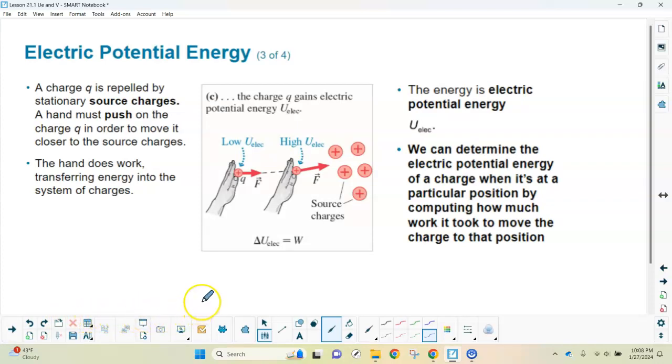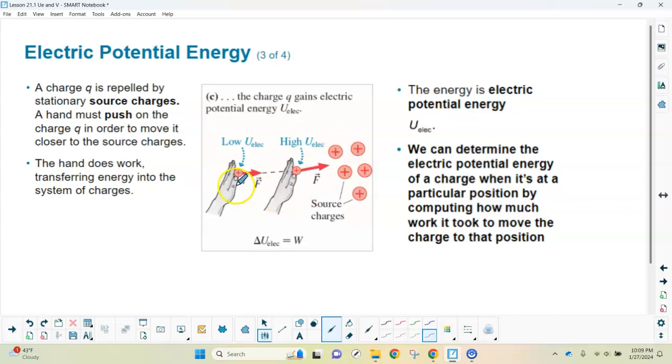A charge has potential energy when it's around other charges, or in an electric field. If we think about this, we have a charge Q here, and we're going to push this charge towards these other charges. Obviously, like charges try to repel, and as they try to repel, the force would push away.